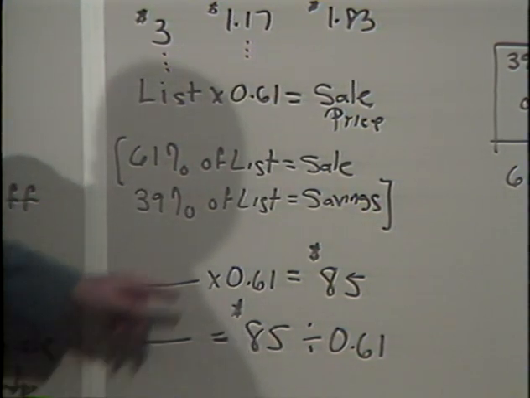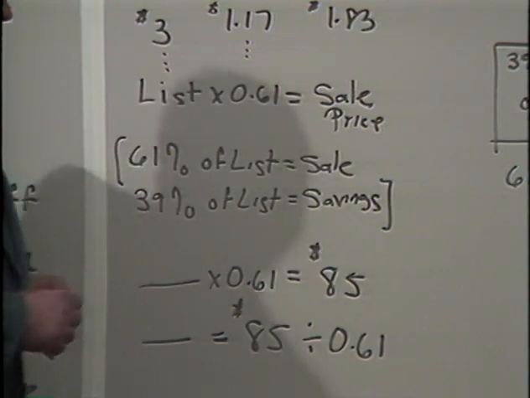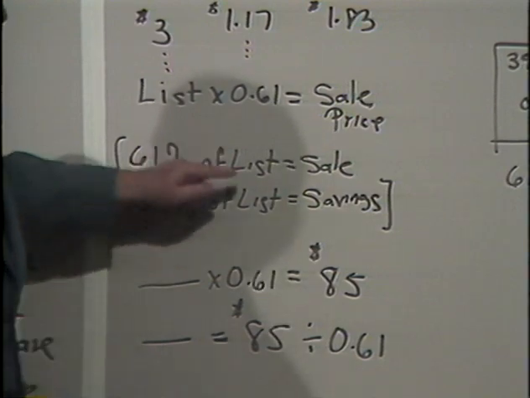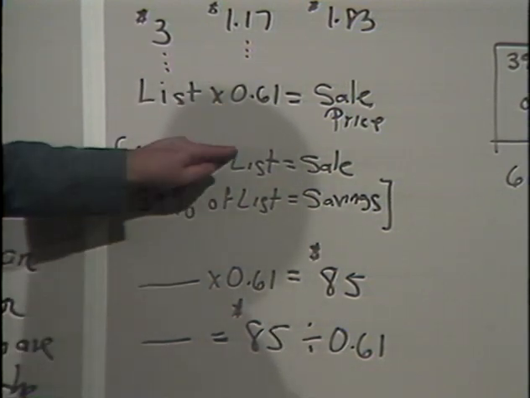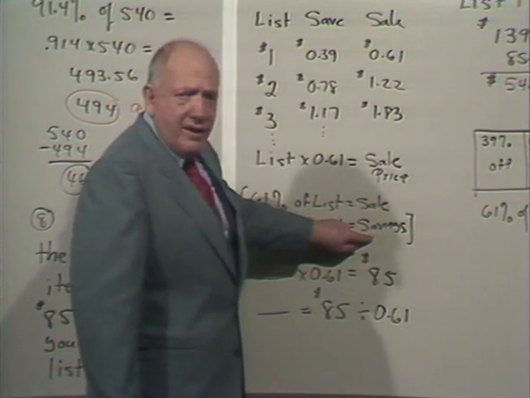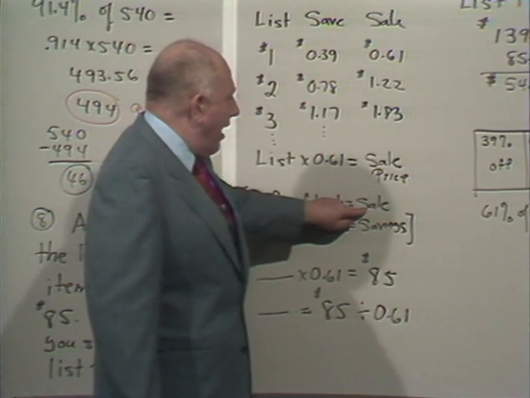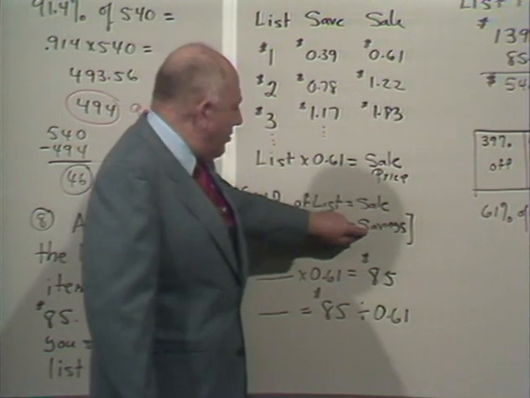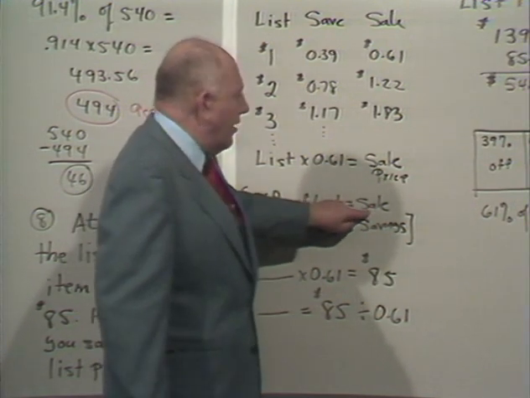Okay? But they didn't tell me the savings, they told me the sale price. You see, how do I know which formula to use here? Well, I don't know the list price, so I'm in trouble. I can't base it on this. If they told me how much I saved, but didn't tell me the sale price, I would have used this formula. Since they told me the sale price, but not the savings, I'm going to use this formula.